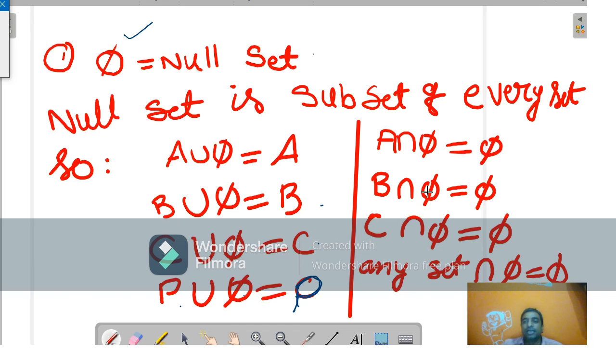Now intersection means common elements. The null set contains no elements, so the common will be the null set. So A intersection null set is the null set, B intersection null set is the null set, and hence any set intersection null set is the null set only.